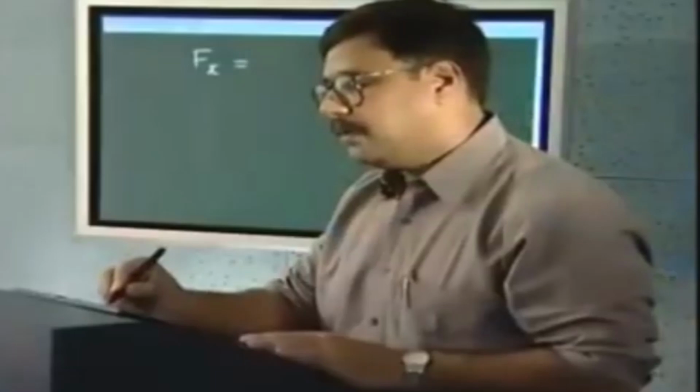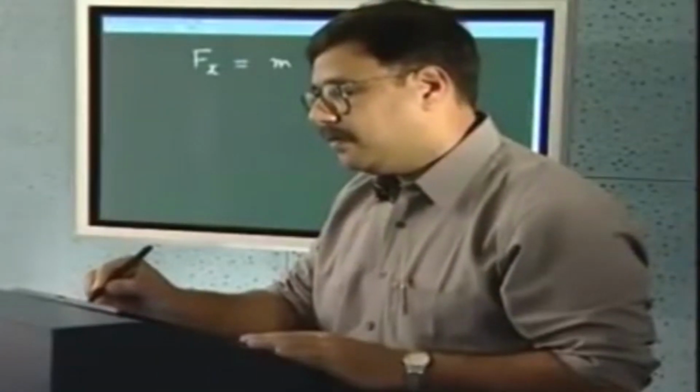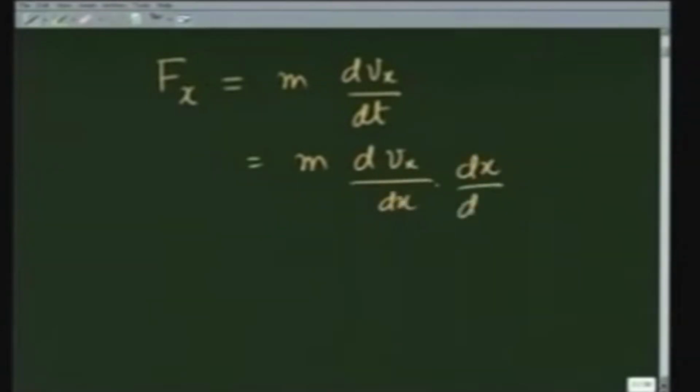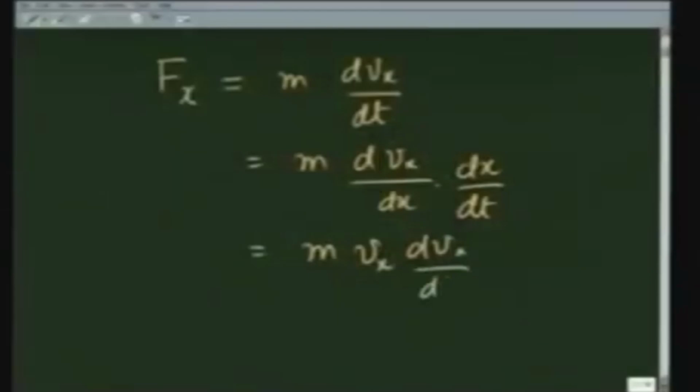So, F, let us take now only the x direction, is equal to m dVx/dt, which I wrote as m dVx/dx times dx/dt, which is m Vx dVx/dx, which is m/2 d/dx Vx square.